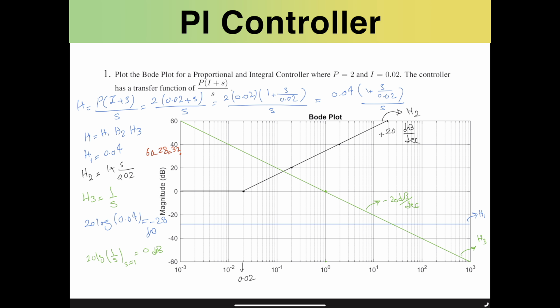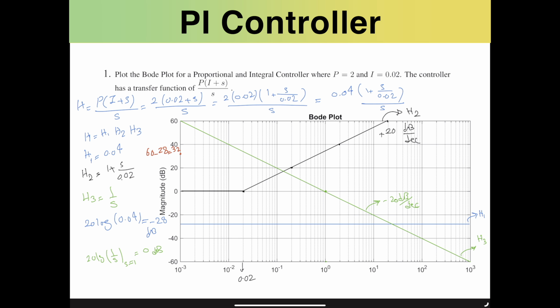Now, we need to then follow these slopes. These two black and blue lines are going to have a slope of 0. However, this green line is having a slope of minus 20 dB per decade. We will follow minus 20 dB per decade until we hit the first critical point. And over here, this is the frequency that has the critical point.